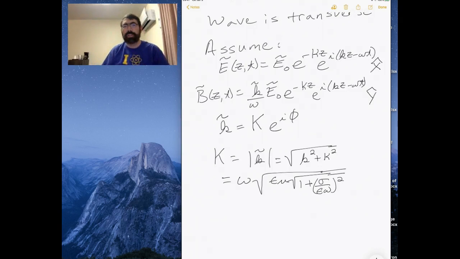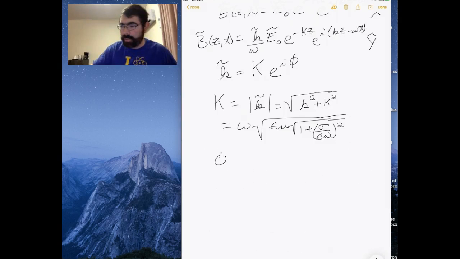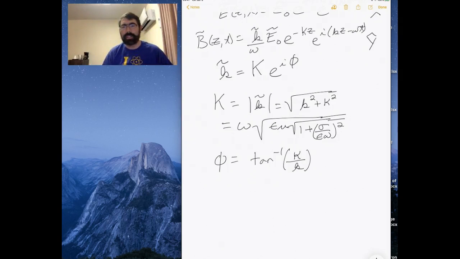So it's still a goofy number, a square root of a square root, but that's what it is. The phase we can solve as the inverse tangent of kappa over k. But remember, that's kappa, not the capital K.